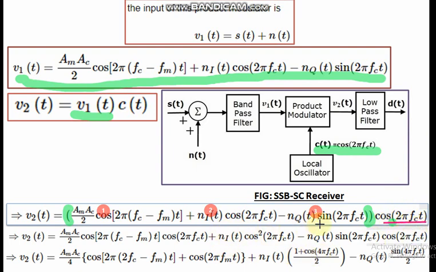So when we open the bracket and multiply each term with the cos 2 pi fct, we will receive this. Here I have put the fourth one, but let me correct it.